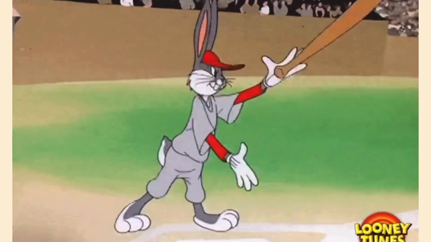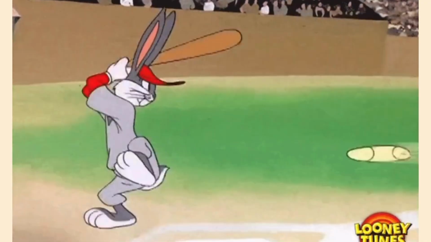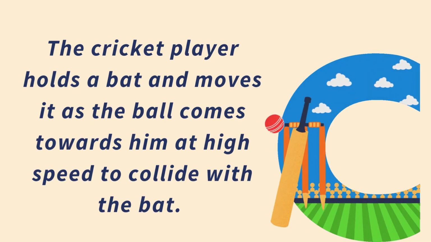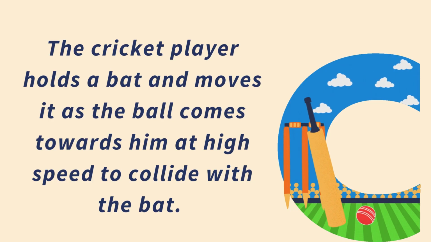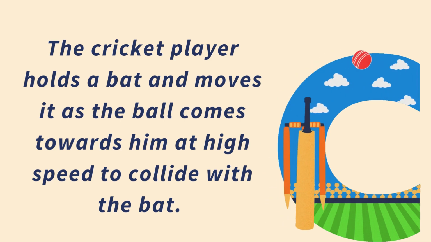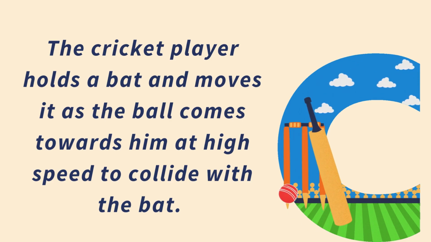So the cricket player holds a bat and moves it as the ball comes towards him at high speed to collide with the bat. So the cricket player hits the ball when the ball comes toward him. So the ball will collide with the bat, okay?